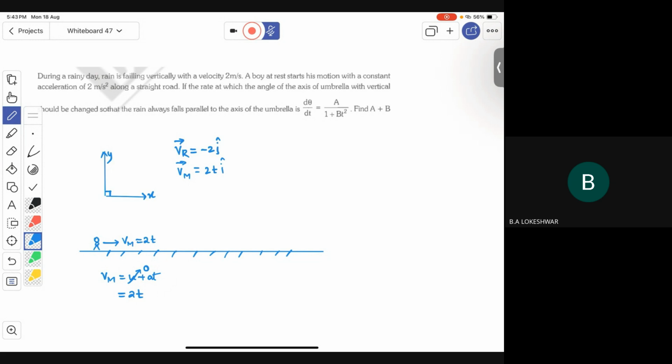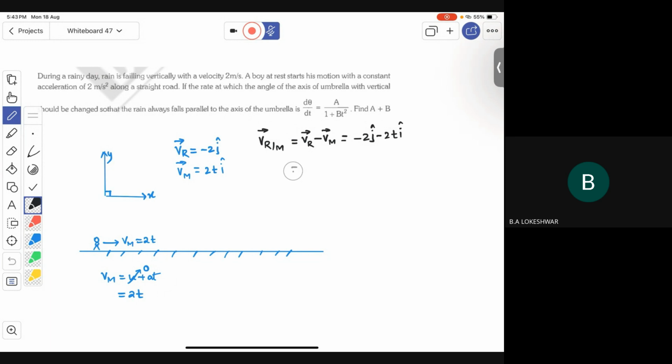Now the next job is to find the velocity of the rain with respect to the man. Velocity of the rain with respect to the man will be velocity of the rain minus the velocity of the man, and that is going to be minus 2 j cap minus 2t I cap.